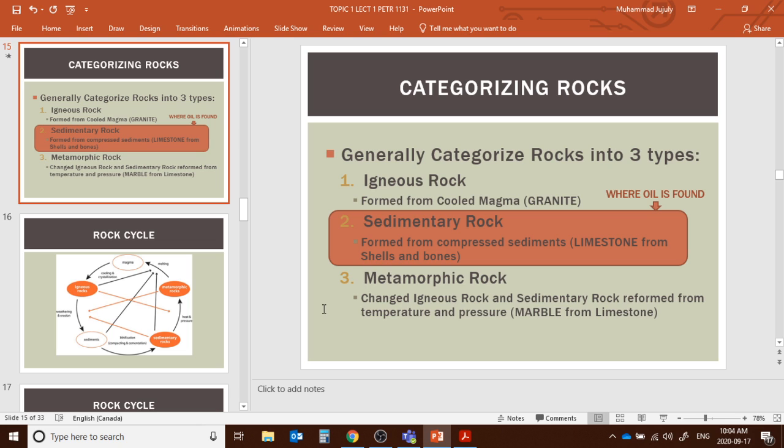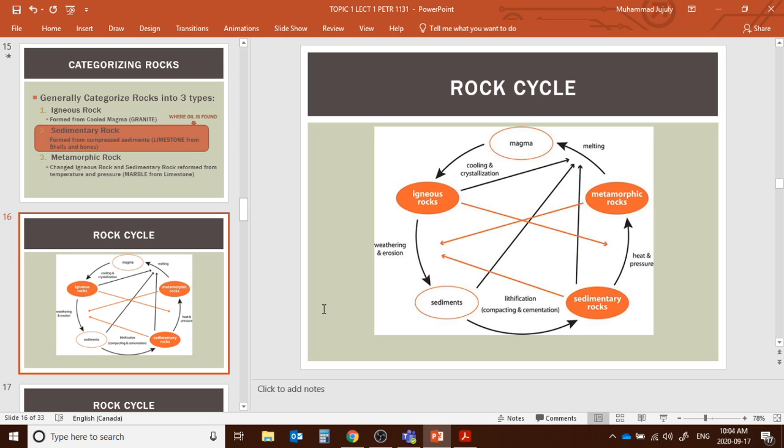Okay, so it would be very much clear if you go to the rock cycle, and this is a very important cycle for the course. Remember that it's a very important cycle. So let me explain how it works. Let's start from the magma. We know what magma is. It's liquid lava under the earth.